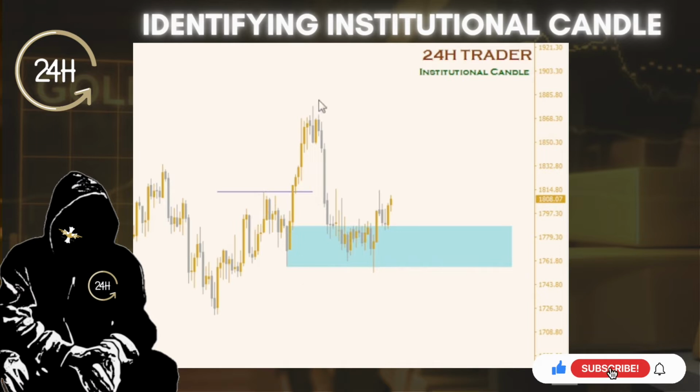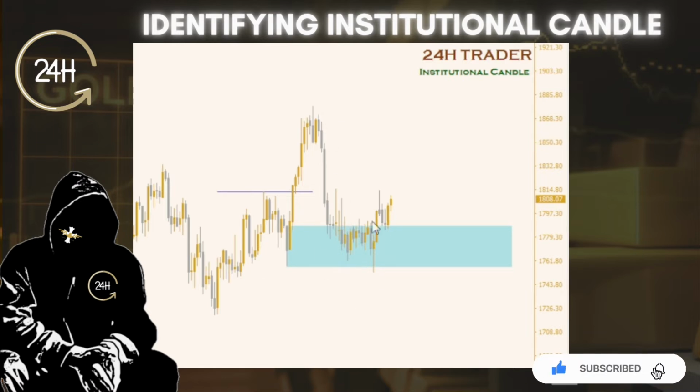So here's another example of the institutional candle. This one is the last bearish candle, I'm sorry, the last bearish candle before a big bullish move.